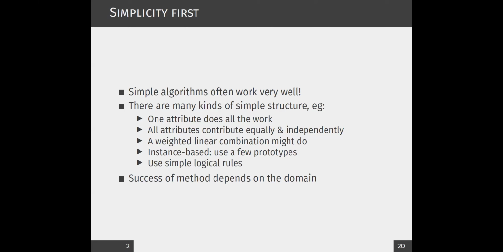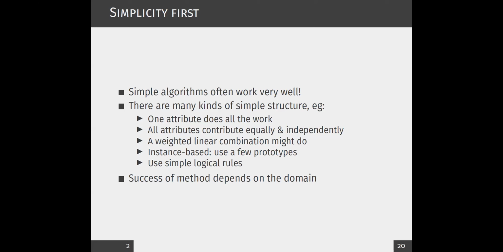Back to simple algorithms, there are many simple kinds of structures. What we are going to see today is, first, algorithms where one attribute is enough. What do we mean by one attribute? When we represent our problem in a dataset, there could be several attributes, meaning we keep a record of a set of attributes.